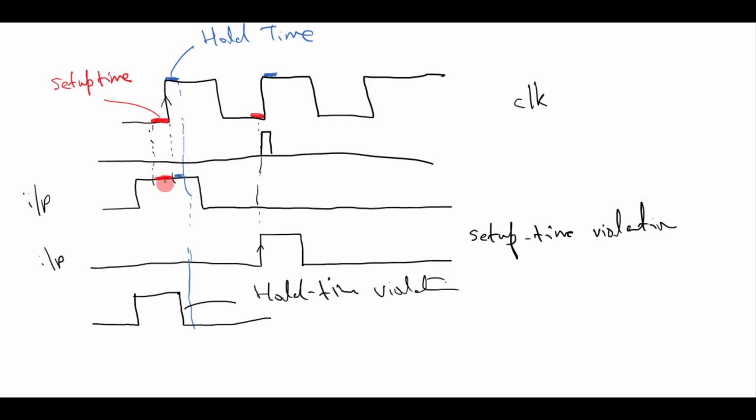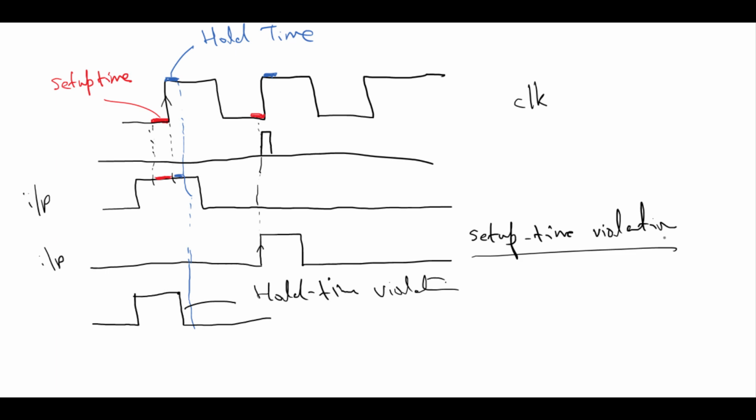If your data is not stable or it transitions between these intervals, setup time violation occurs and your sequential machine will not work properly. That's why asynchronous sequential machines are difficult to operate and they suffer race conditions or metastability.